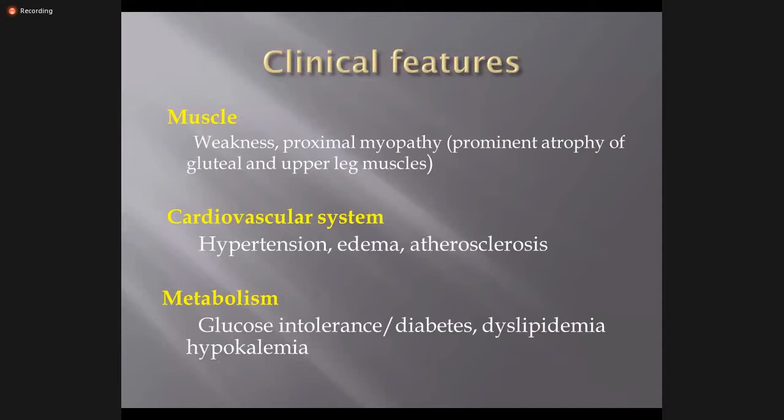Hypokalemia is very important, because cortisol also has a mineralocorticoid effect. It causes sodium reabsorption and simultaneous potassium excretion. So with excess cortisol, excess mineralocorticoid activity, more potassium is excreted, resulting in hypokalemia.